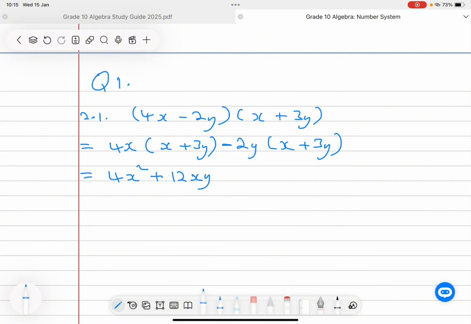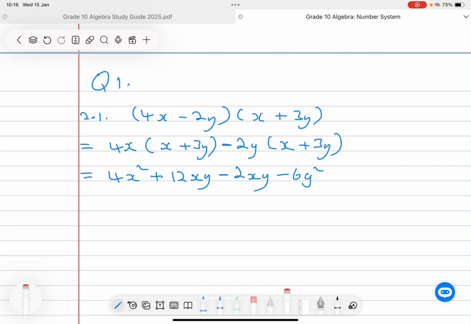We do the same in this second binomial, where we're going to have the negative 2y multiplying the x, so that we're going to have negative 2xy as well. Now here we're having a negative 2y multiplying the 3y. Now the negative 2 and the 3 will give me a negative 6, so that I have y squared.